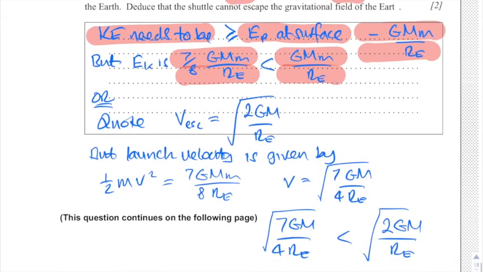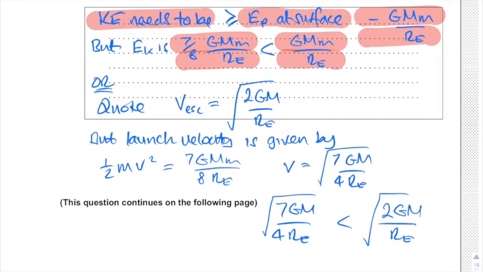Our other possibility of doing this is to actually look at the velocities, the escape velocity required and the actual velocity at the surface of the Earth given that kinetic energy. So you can quote V escape, which is given in the data booklet. It's given as root 2GM over RE, and then you can develop from the kinetic energy given what velocity that is equivalent to.